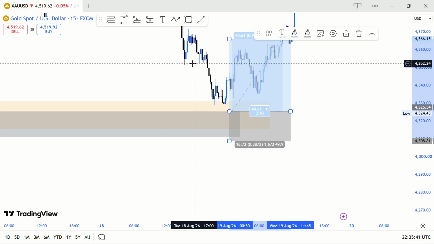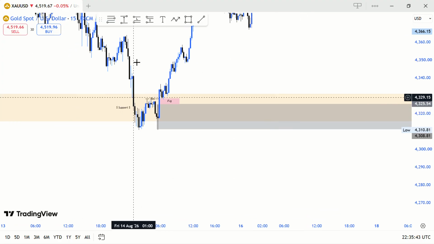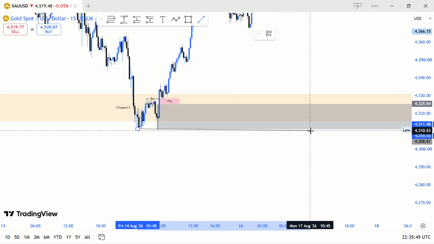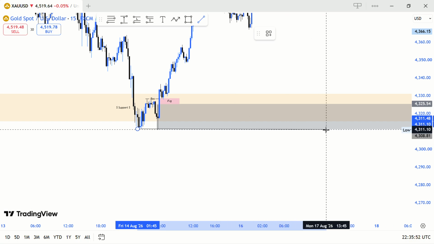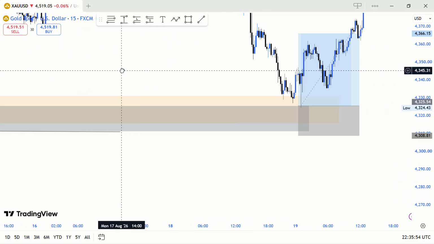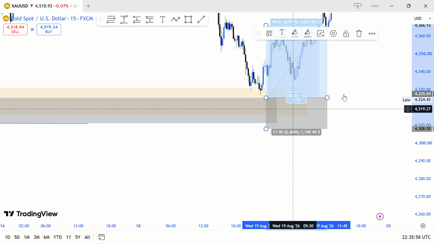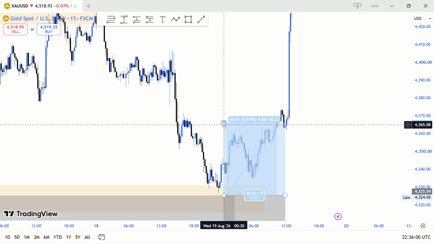I try to put my stop loss below this level. Always put your stop loss below the level.